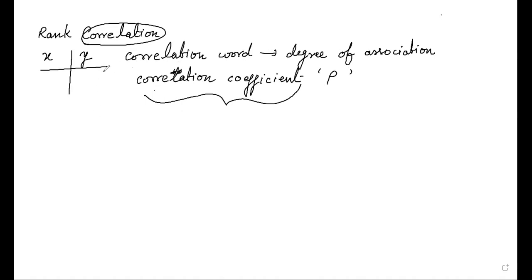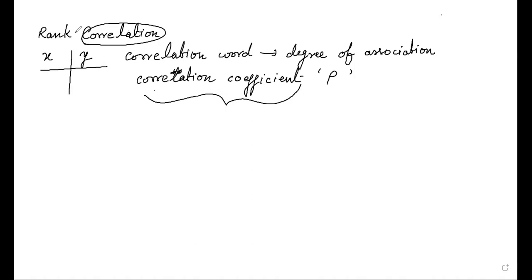Now, today our topic is rank correlation. Correlation, what the word suggests, we have just seen. Now what is this rank? Rank means that whenever there is a quality between the two variables, if qualitative measures are given regarding these two variables, then that quality may be ranked 1, 2, 3, 4, like this.